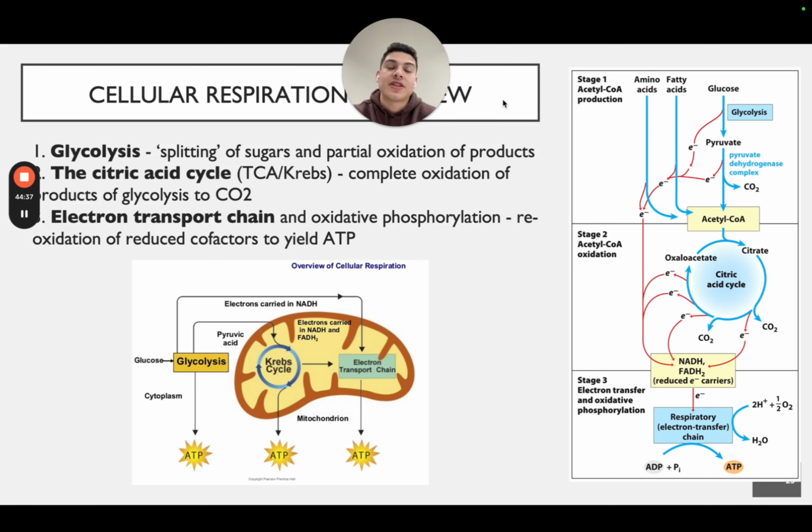Substrate level phosphorylation just means that we're able to produce ATPs from our substrate. That's different than oxidative phosphorylation, which we see in the ETC. I'll show this in slides, so don't worry, we will go over this. Oxidative phosphorylation simply means that we use the proton gradient to drive our production of ATP.